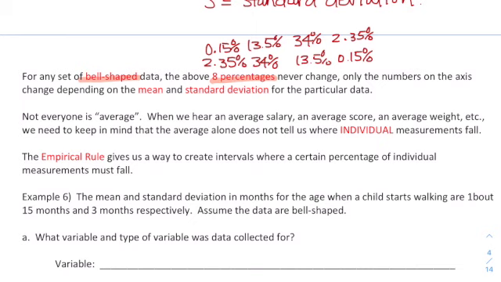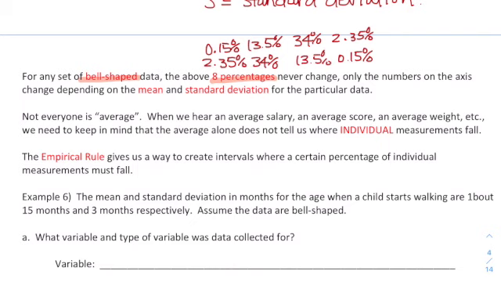It's the mean, which is the data you collected, that will change. Also, the standard deviation will change, but you will always follow the rules. First standard deviation will give you the 68% of the data will fall. Then the second deviation, the 95% of the data will fall.